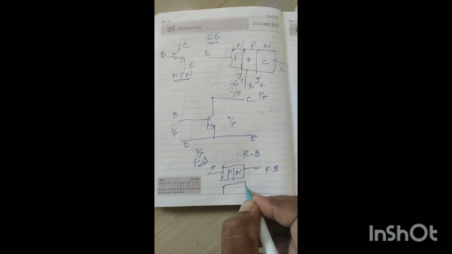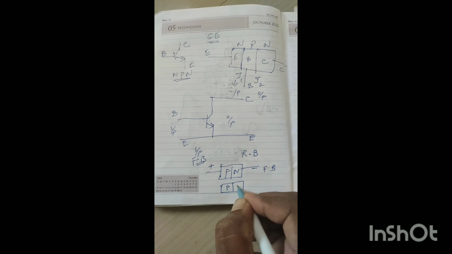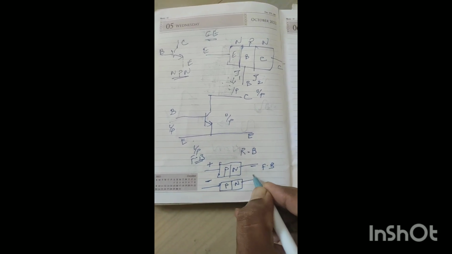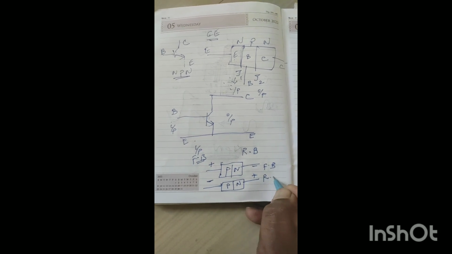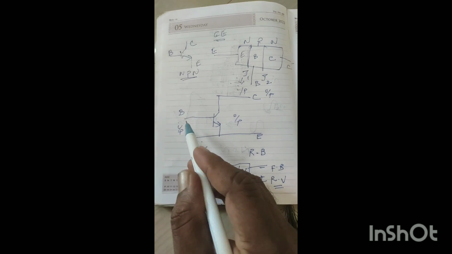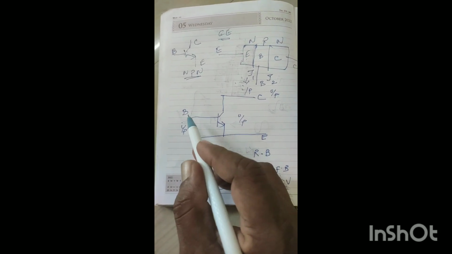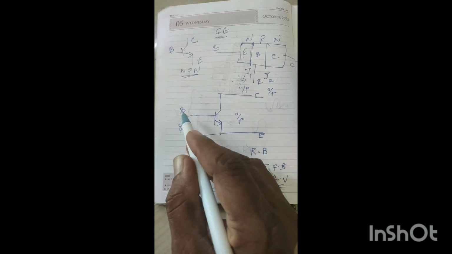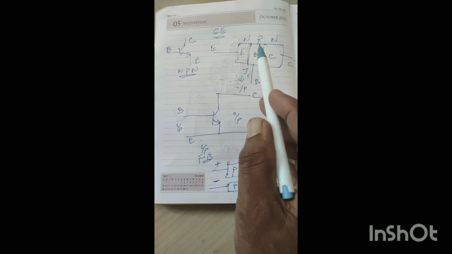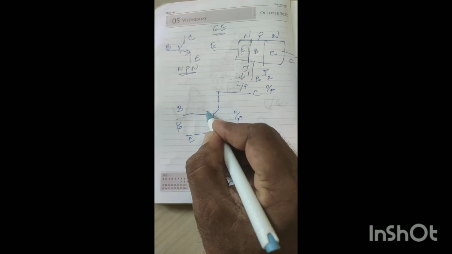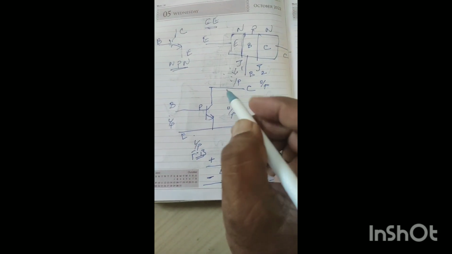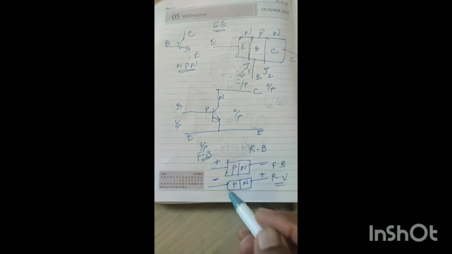In the PN junction, if P gets negative voltage and N gets positive voltage, then it will be reverse bias. Now we have to make the input forward biased. The input is the base terminal, which in the NPN transistor is the P layer. So this is a P material, and the collector is an N material.